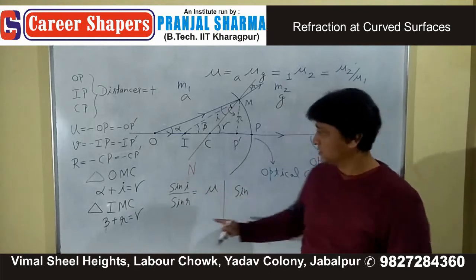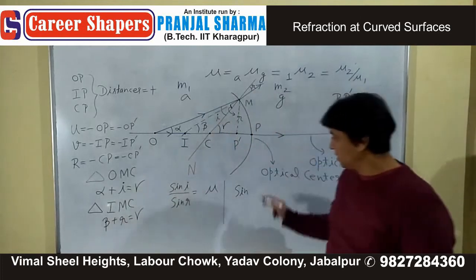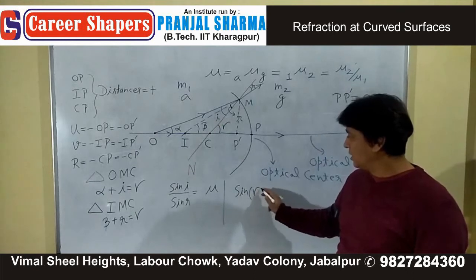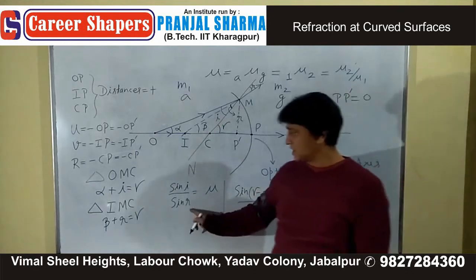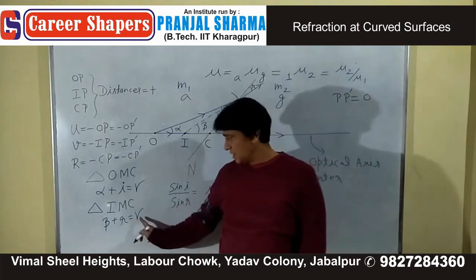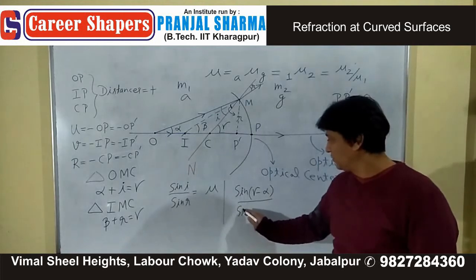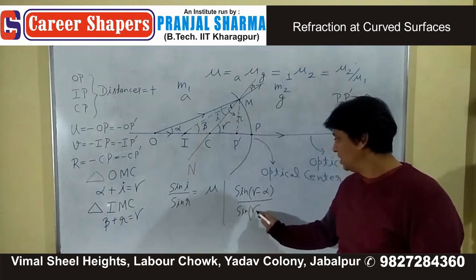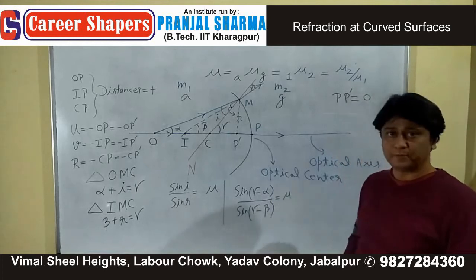What's the value of I? I is gamma minus alpha. Put it here. Gamma minus alpha divided by sine of R. What is R? Gamma minus beta. Sine of gamma minus beta, which is mu.